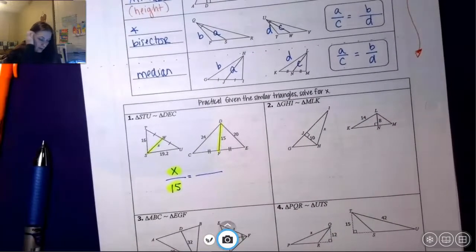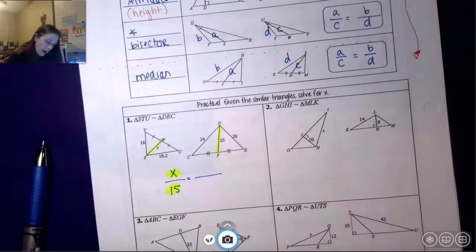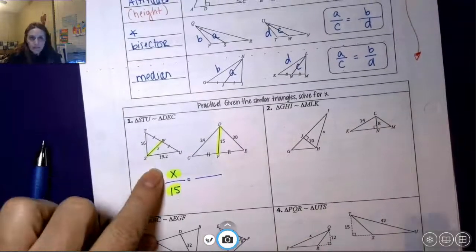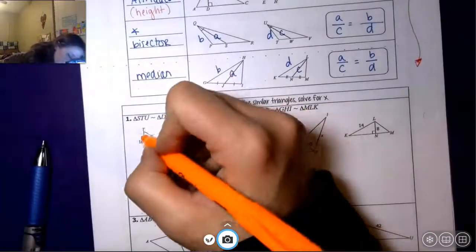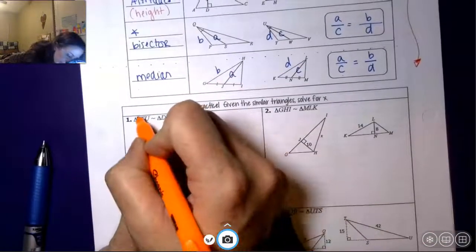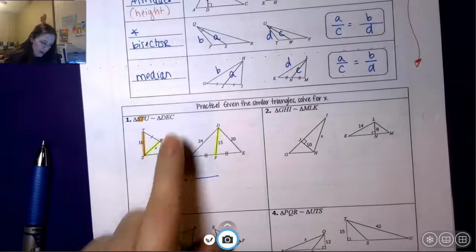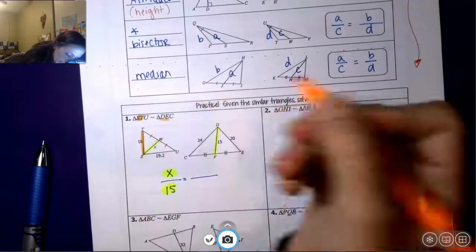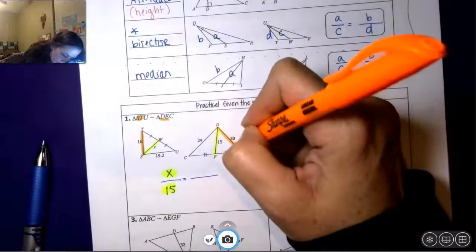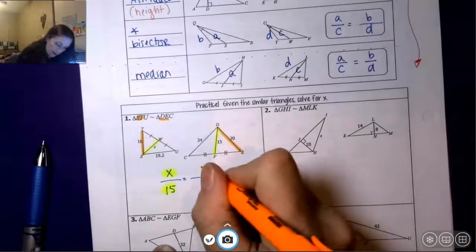Now, I want to pick a side. It's up to me which side I pick because I have two sides here and two sides here. If I were going to pick, I'm probably going to pick the 16. 16 is ST. So if I want to make sure that it corresponds, I want to pick DE over here, which would be this one. So color code them, make sure you are picking the correct value.